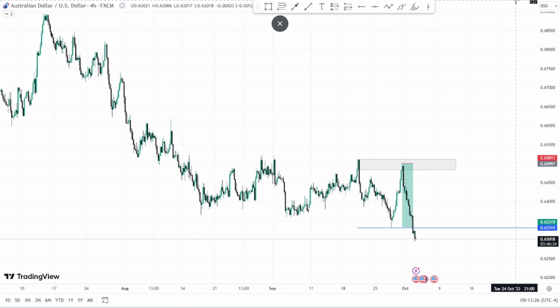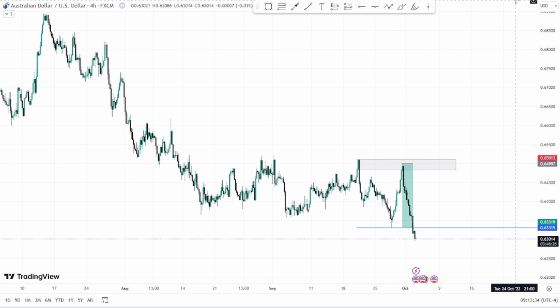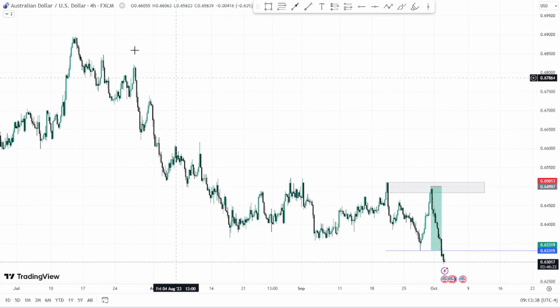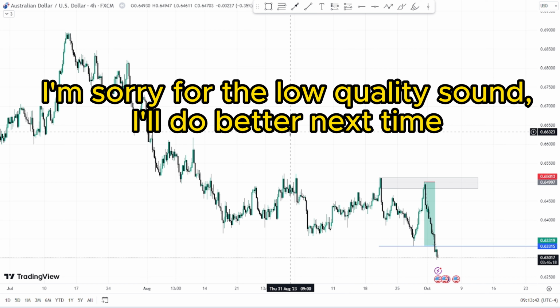Right. So now that we are on my laptop screen, guys, let's go ahead and look at AUDUSD. So I'm currently on the 4-hour time frame, which is AUDUSD, and I want us to start from here at the top, and let's establish the market trend or market structure.